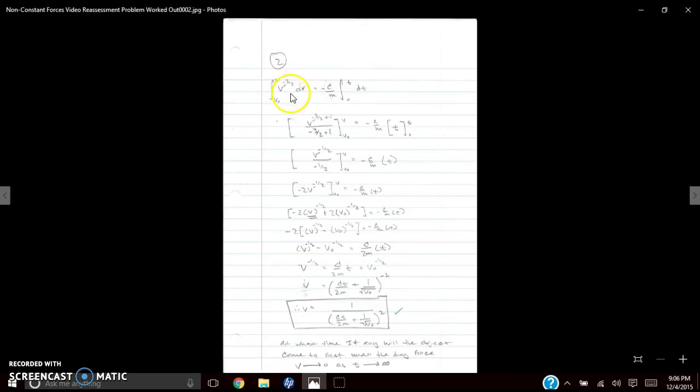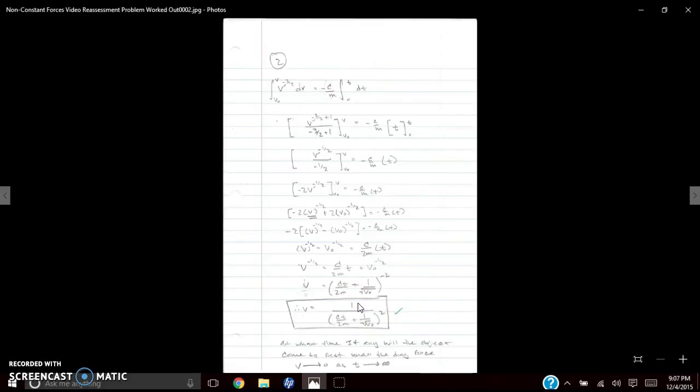I changed the v in the integral to v prime so as not to confuse them. Integrating, this is what I get: v in terms of t and the given parameters c, m, and v naught. So v is equal to 1 over c t over 2m plus 1 over the square root of v naught, all squared.